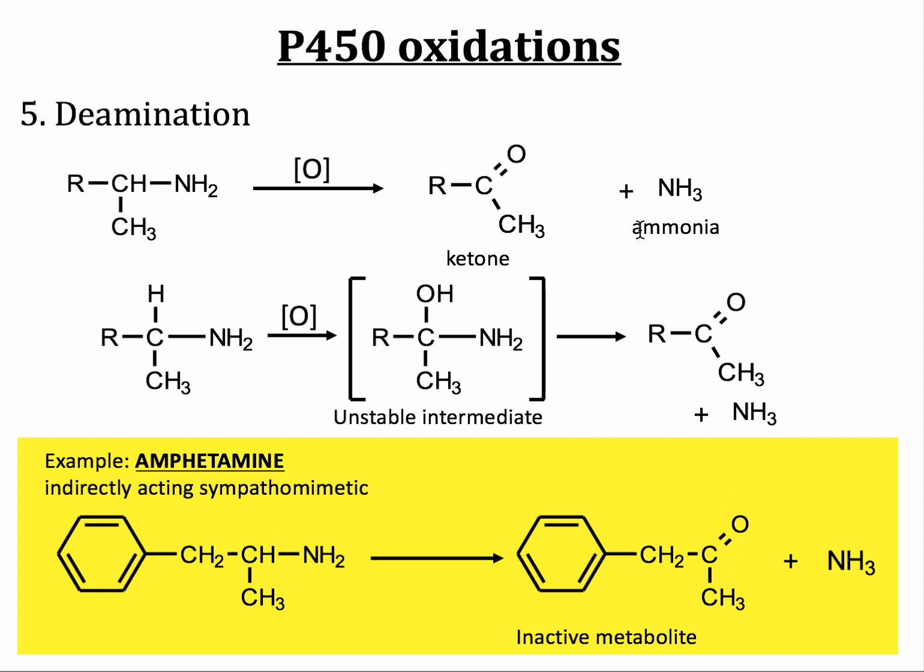An example of this is amphetamine, which is usually sympathomimetic. So you can see that phase 1 metabolism doesn't always make the drugs more active. Here, in this sense, you can see that amphetamine has become an inactive metabolite, so it's completely useless now.